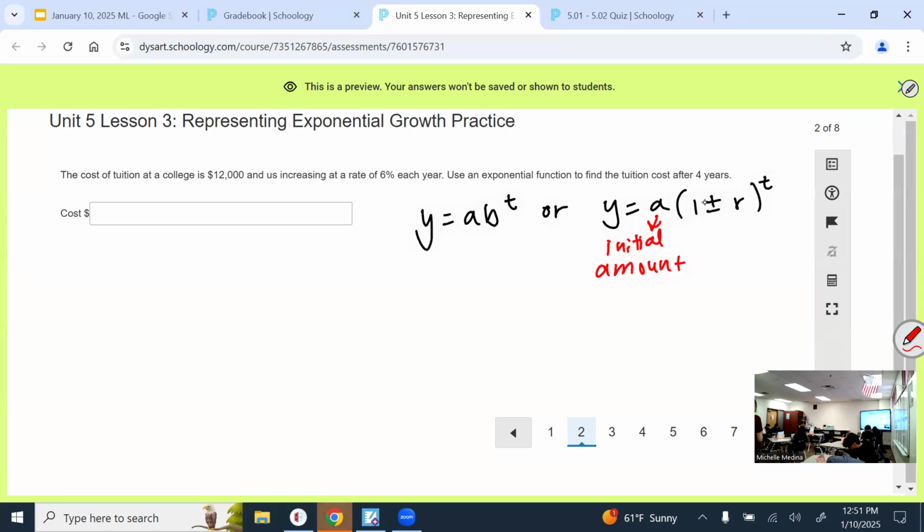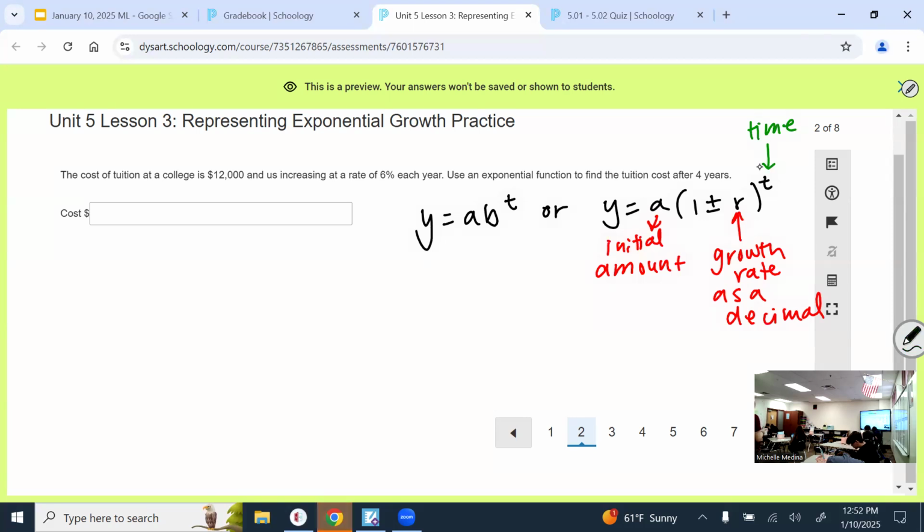It's going to be multiplied by 1 plus or minus, depending on if it's increasing or decreasing, the growth rate as a decimal. So like the percentage, but as a decimal. And then the exponent will still be the same. So it's just another way to talk about your common factor.